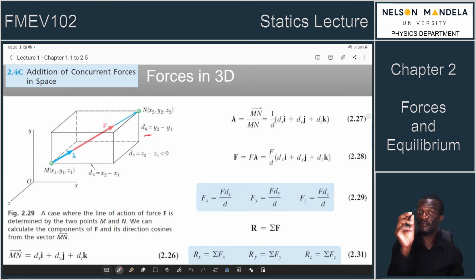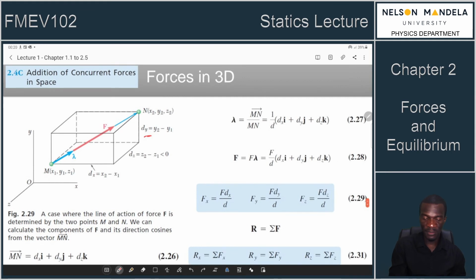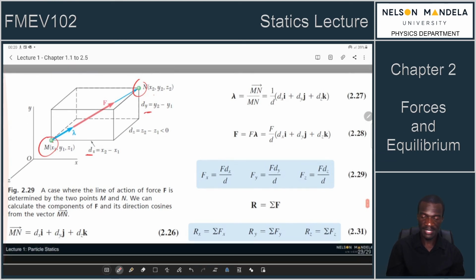The first thing that you need to define for you to find lambda is the vector that defines the 2 positions. You've got position M and position N. If you subtract x2 minus x1, you get d in the x. That becomes your d in the x direction, d in the y direction, and d in the z direction.